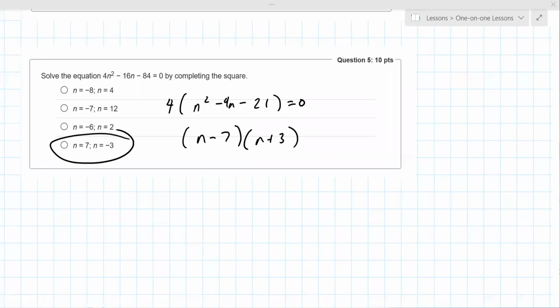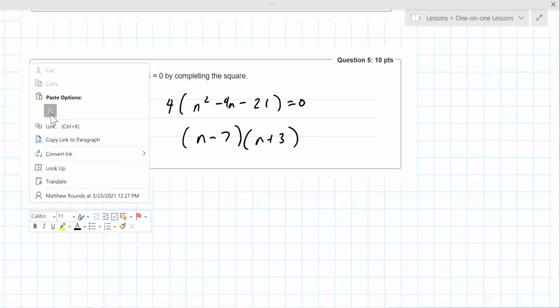Here's another one here. This one you can factor again. Okay.